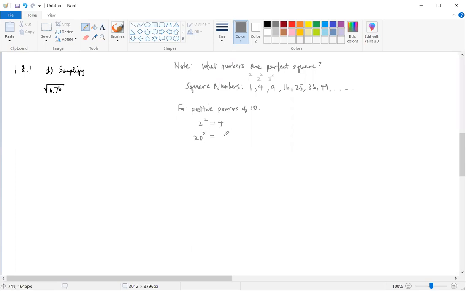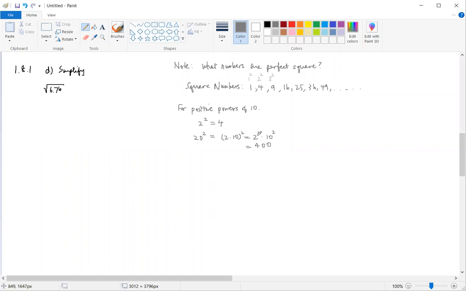20 squared is exactly 2 times 10, and then squared. It means the 2 is squared and the 10 is also squared. So the 2 squared is 4, and the 10 squared is 100. So of course, then you have just 400 here.